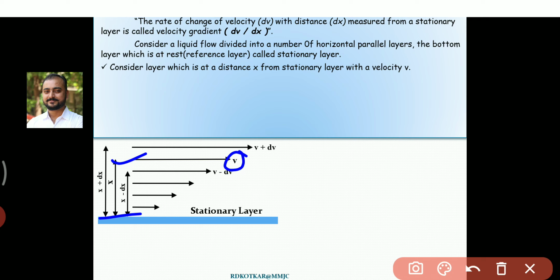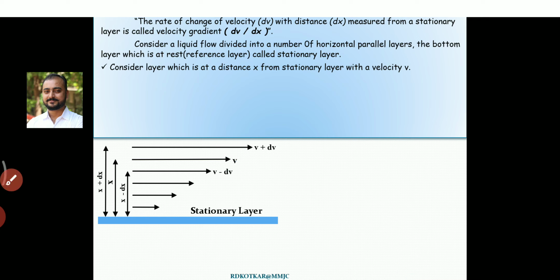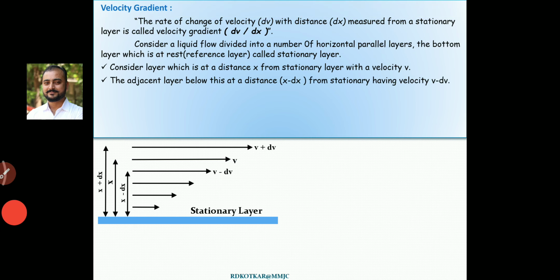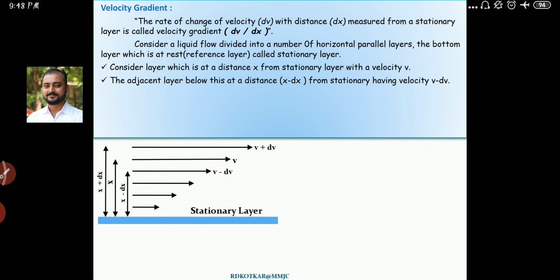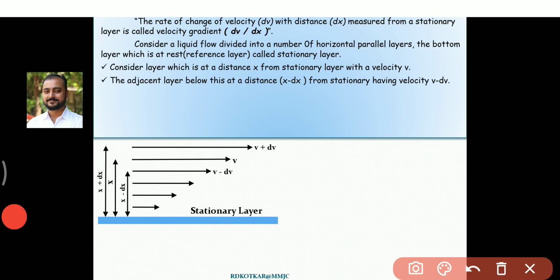Next, we consider the adjacent layer below this, at a distance x minus dx from the stationary layer, having velocity v minus dv.